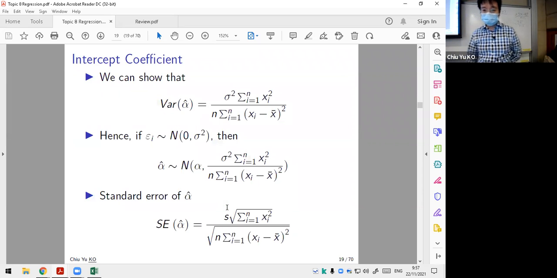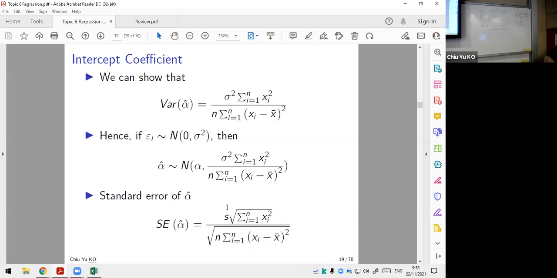So now, since we learned so much about hypothesis testing and estimation, it will be useful to go a little bit further. We have a good point estimate for alpha and beta, which is alpha hat and beta hat, because they are good point estimators. But there are two things we want to go further on. First, can we do interval estimation for alpha and beta?